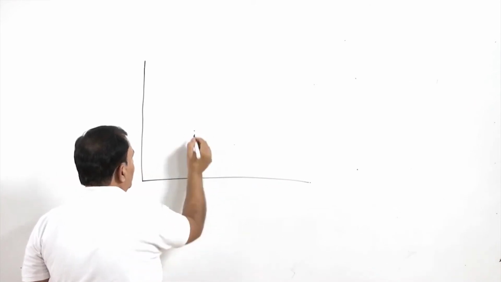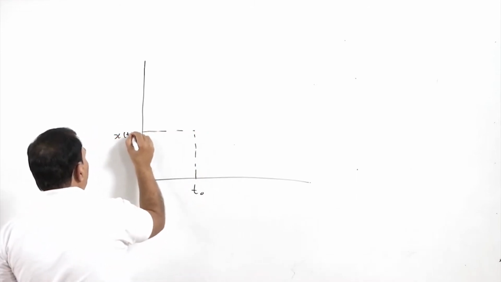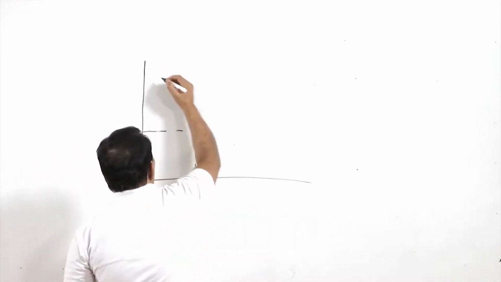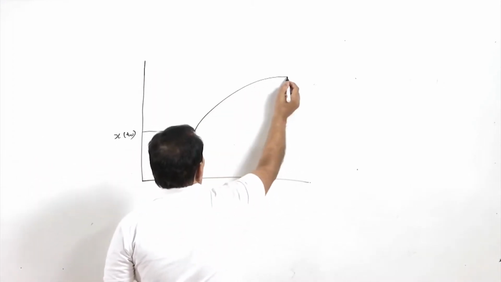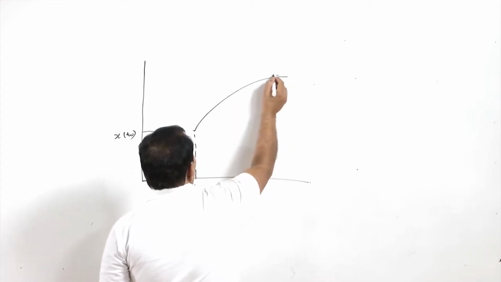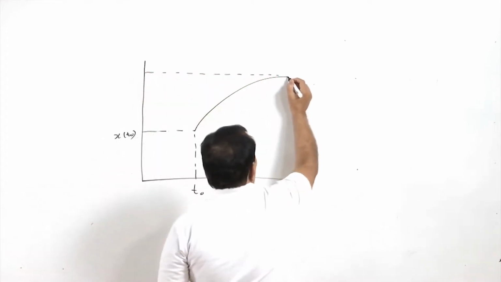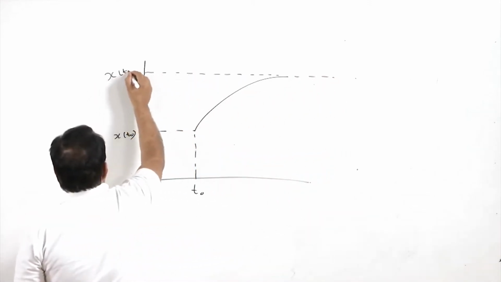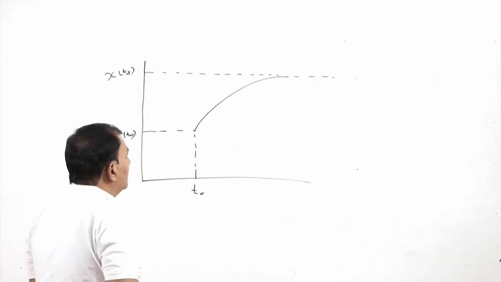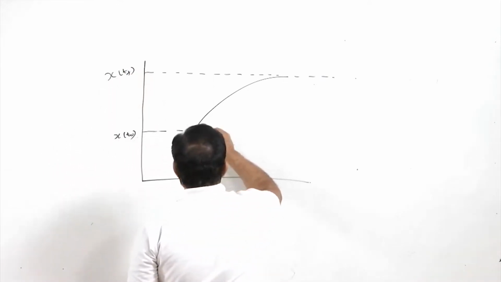So, I am given T0, x of T0, my x(Tf) is fixed and Tf is free.